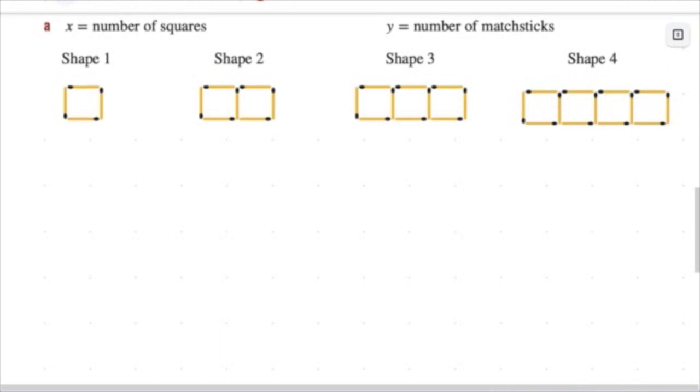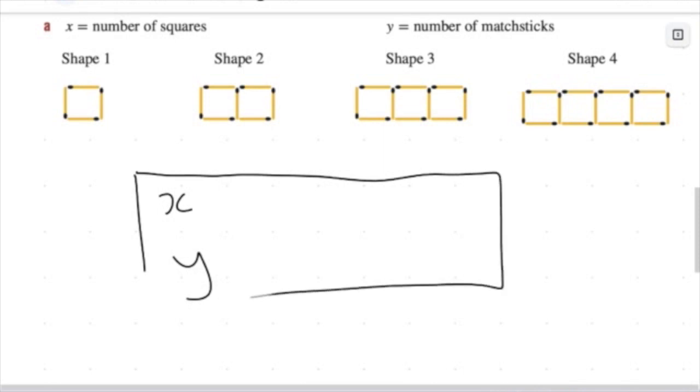I'm letting x be the number of squares and y be the number of matchsticks. For this question, I want to find the rule that relates the number of squares with the number of matchsticks. So I'm going to draw up a table of values to put in all of the necessary information.